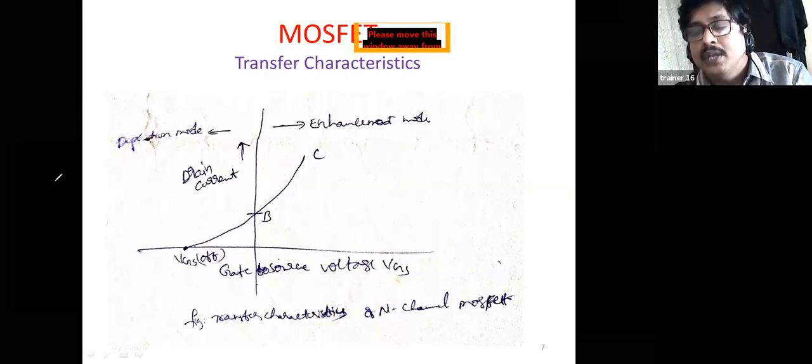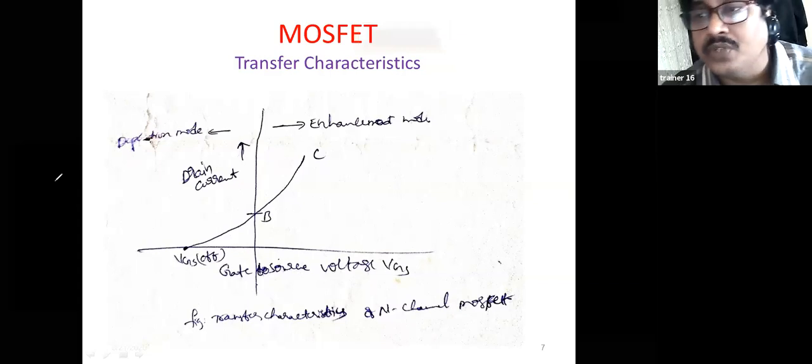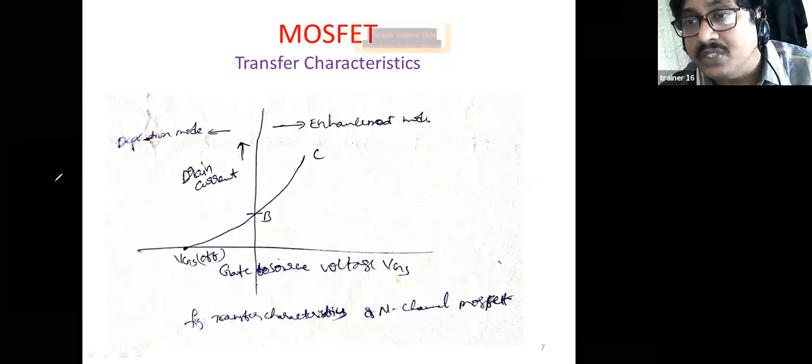If all these things are there in the paper, out of 16 you can get 15 or 14, because it is theory, they will not give the complete marks. So again I'm repeating, you have to put a star mark. This MOSFET is very important.